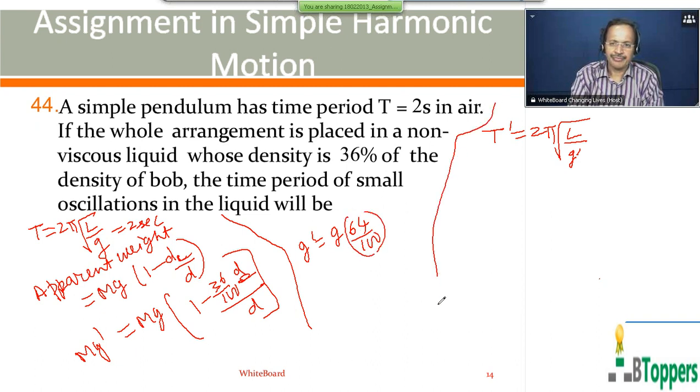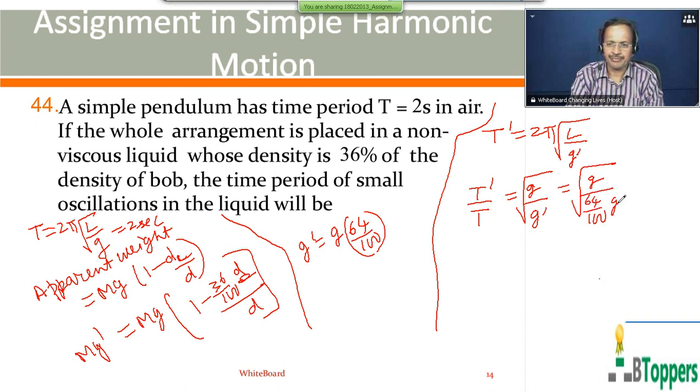So the ratio of the new time period T dash to the original time period T can be written as root of g by g dash, where g dash is 64 by 100 times g.